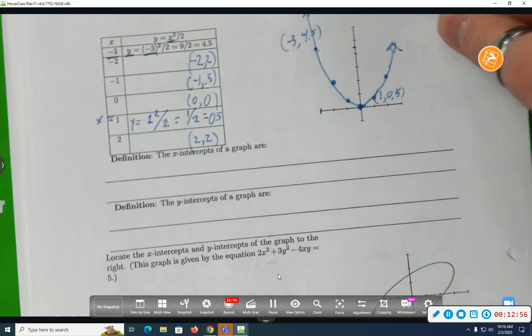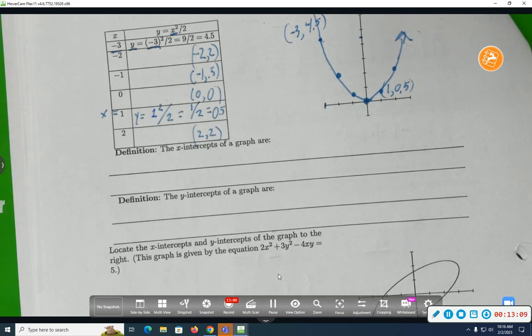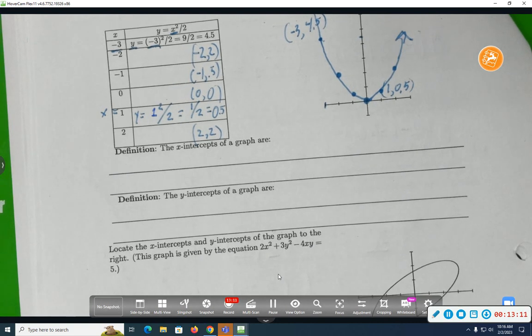Groovy. All right. So, some particular things that are of interest when thinking about graphs of equations or graphs of anything are what are the intercepts. Whenever you have a graph, the x-intercepts of the graph are exactly what they sound like they should be. It's where the graph intercepts the x-axis.